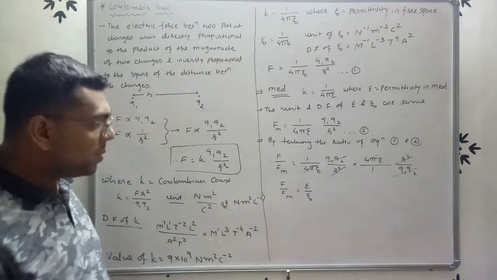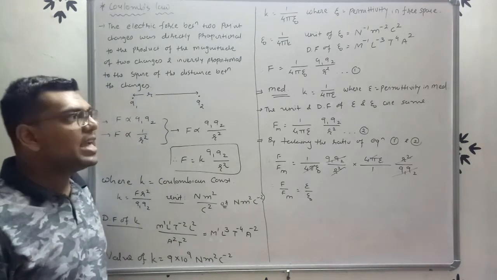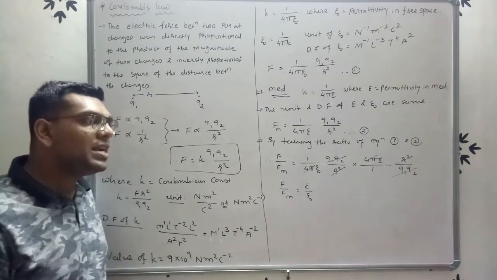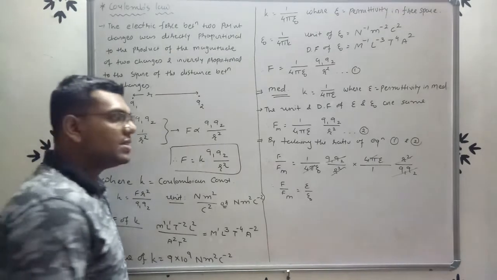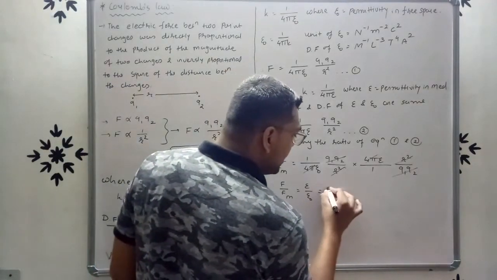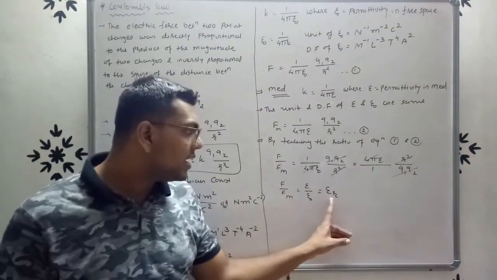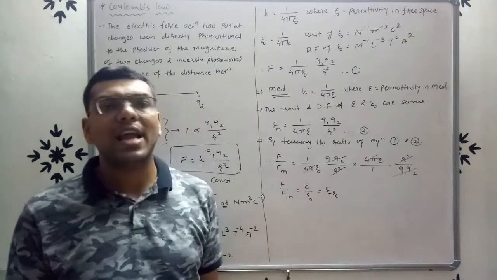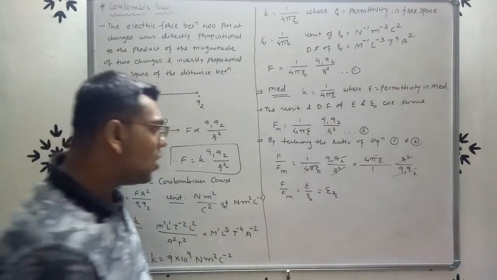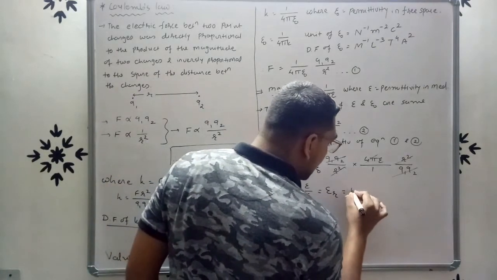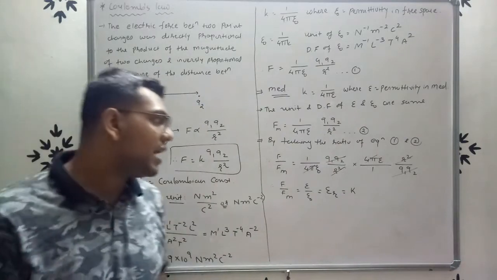So remember friends, the ratio of permittivity in medium and permittivity in free space is known as the relative permittivity, epsilon r. Here epsilon r is known as relative permittivity, or we can say dielectric constant, capital K, right?